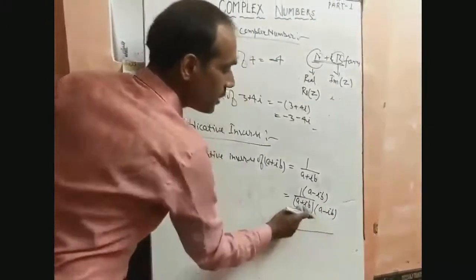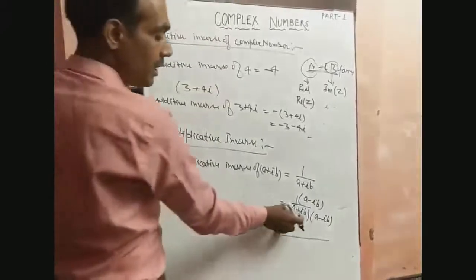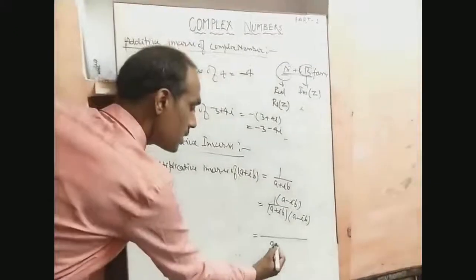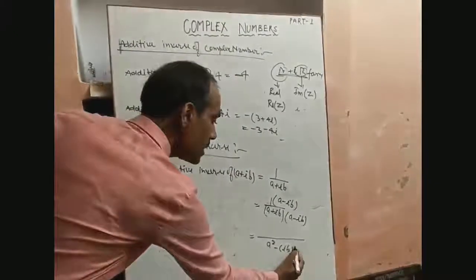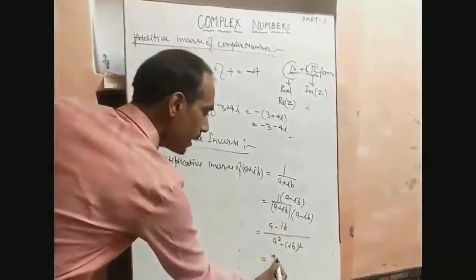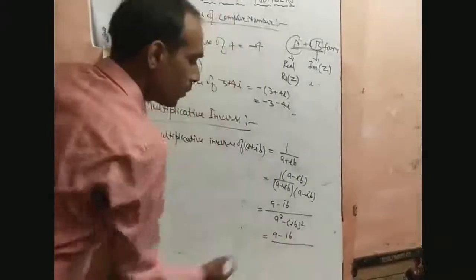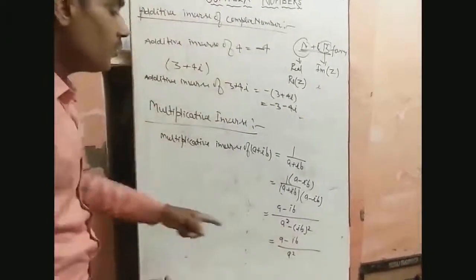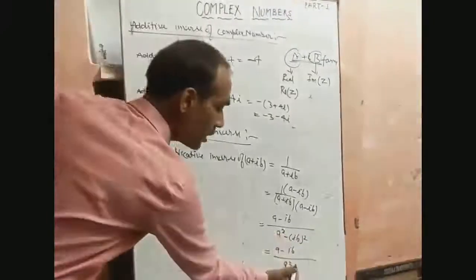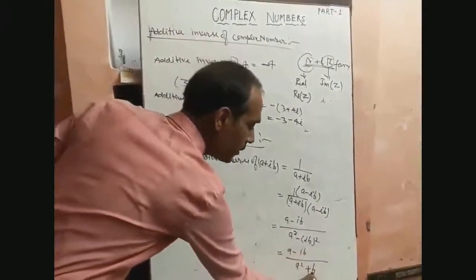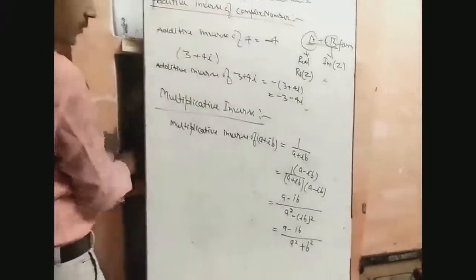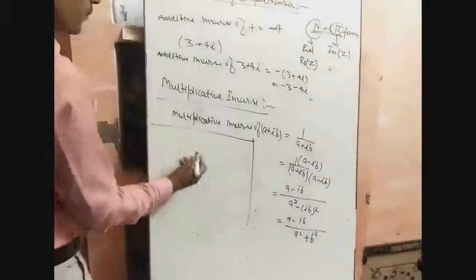Then here apply (a plus b)(a minus b), which is equal to a square minus b square. It means a square minus (ib) square, and the numerator is a minus ib. Then a minus ib whole upon a square, and we know i square is equal to minus 1. Then this sign becomes plus b square. Then what is the result?